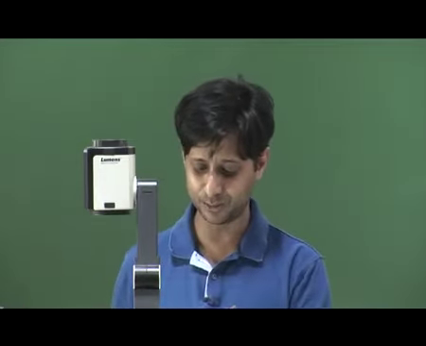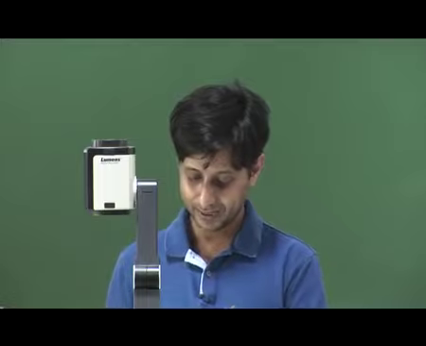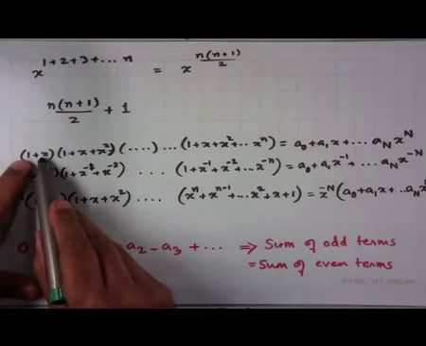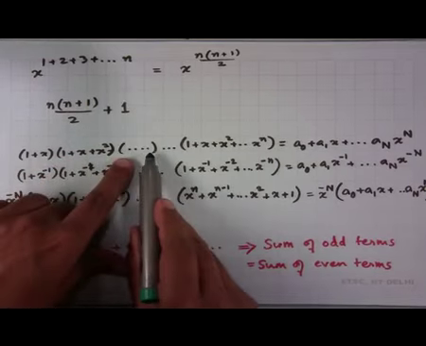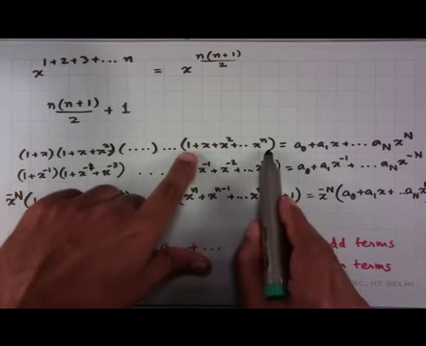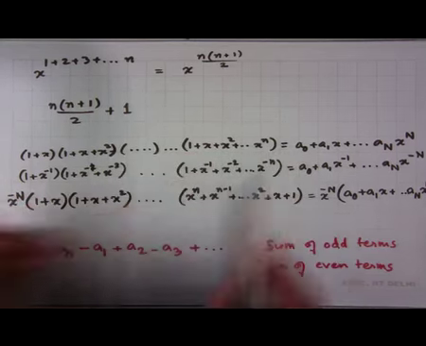So, plug in x equal to 1, what do you get? You get 2 times 3, next one will be 4, 5, 6, up to n plus 1.